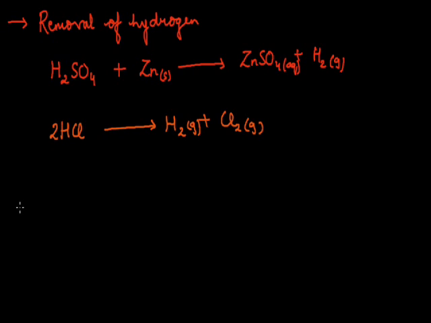Now another way we can define oxidation is a very important and essential way of expressing oxidation, that is in terms of the electronic interpretation, according to the electronic theory. According to the electronic theory, oxidation is basically the removal of electrons.